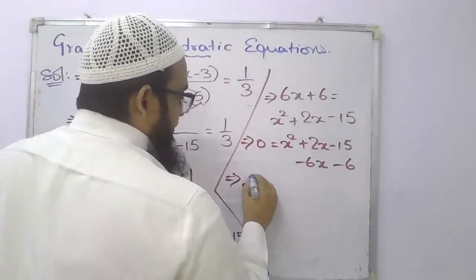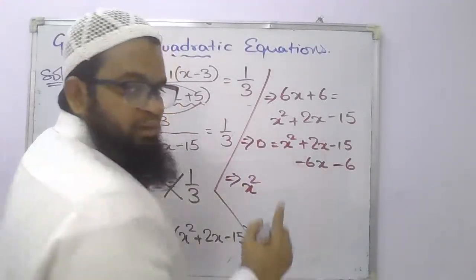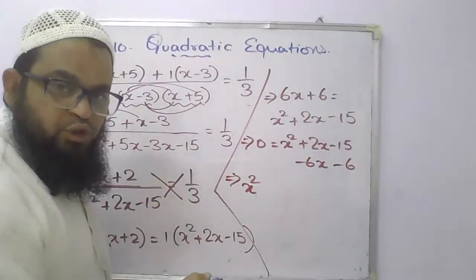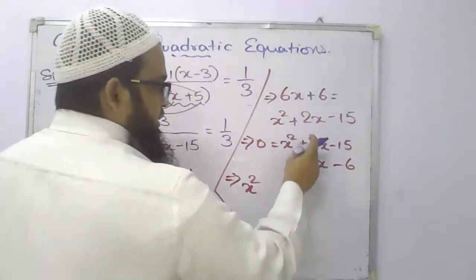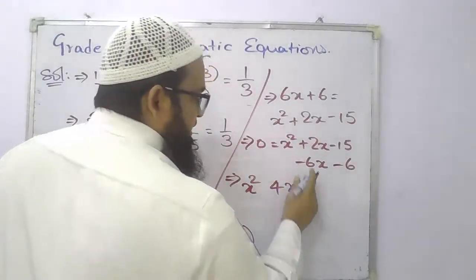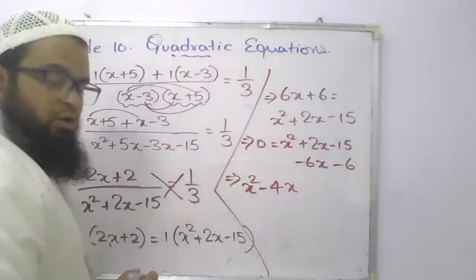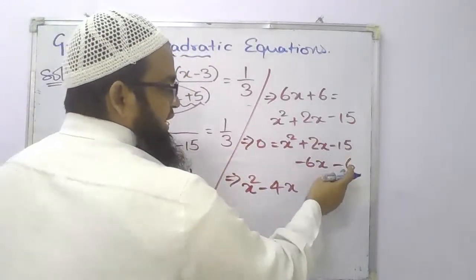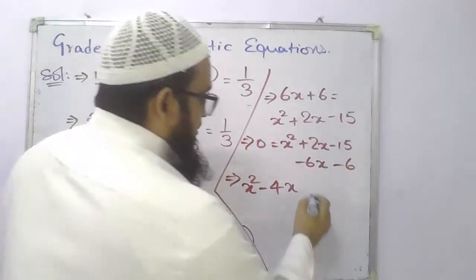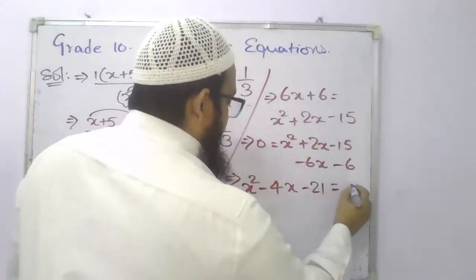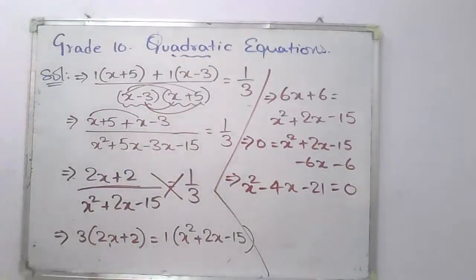So x square, 2x minus 6x, one is positive, one is negative. What are you supposed to do? You have to subtract. 6 minus 2 is 4x, and the sign of 6x is minus. And minus 15 minus 6, what happens? Minus 21 is equal to 0.